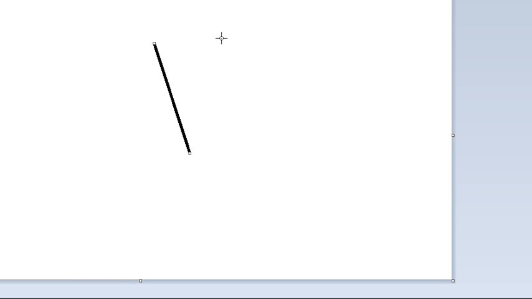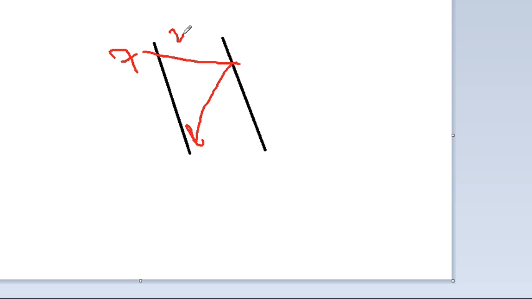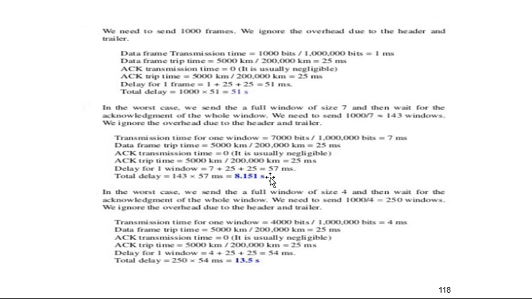So the sender was sending something. 7 frames it has sent. Now it's waiting for the acknowledgement. So it has sent the acknowledgement. So this is 25 plus 25, acknowledgement for all the frames at once. 25 plus 25 plus transmission time here was 7. In the previous one it was 1. So 7 plus 25 plus 25.